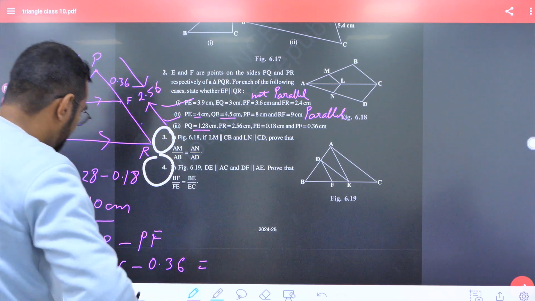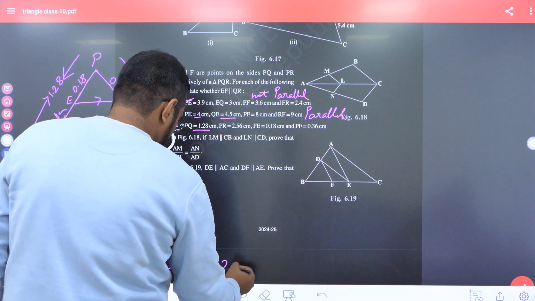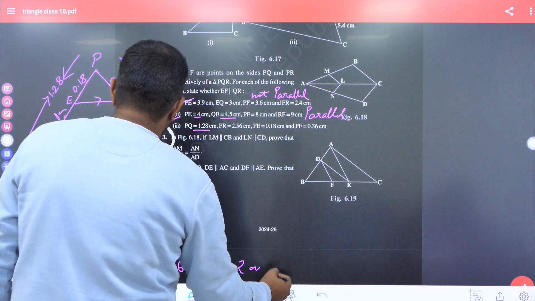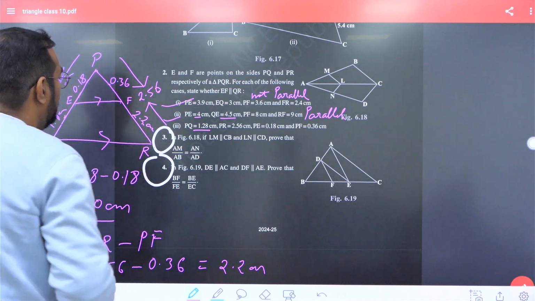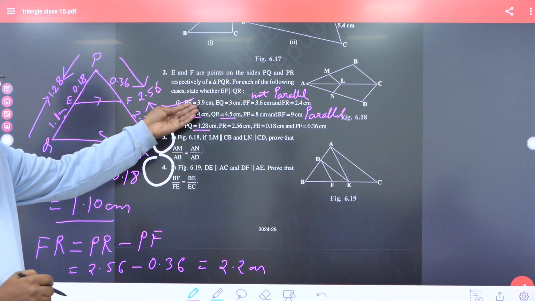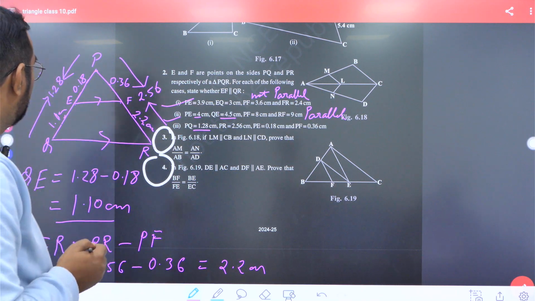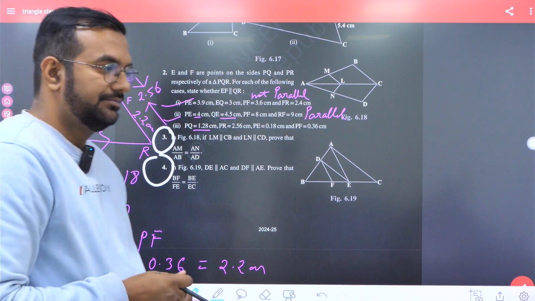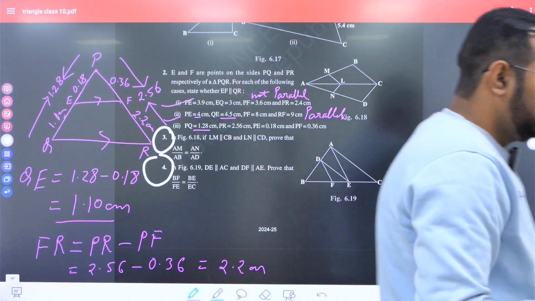What does it come to? 2.2 centimeter. Okay. Then now, as you checked these two, you can check whether EF is parallel to QR or not. Check it.